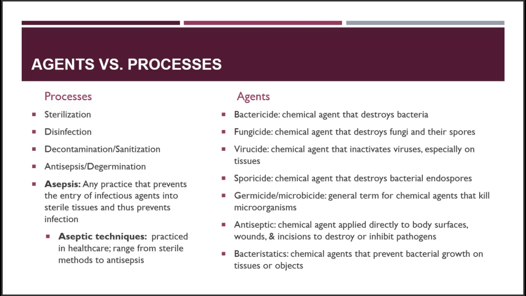An antiseptic is a chemical agent that's applied directly to body surfaces, wounds, and incisions to destroy or inhibit pathogens. Okay, so these are things like alcohol, hydrogen peroxide. And then bacteriostatics are chemical agents that prevent bacterial growth on tissues or objects.